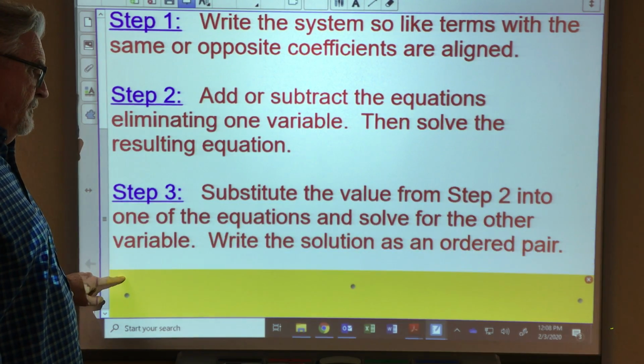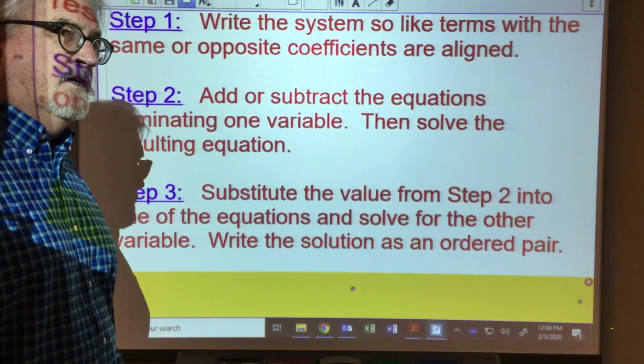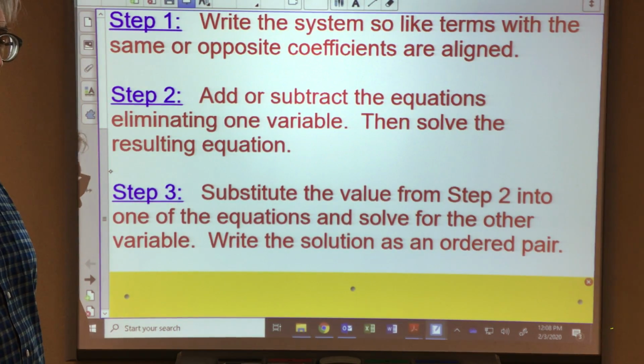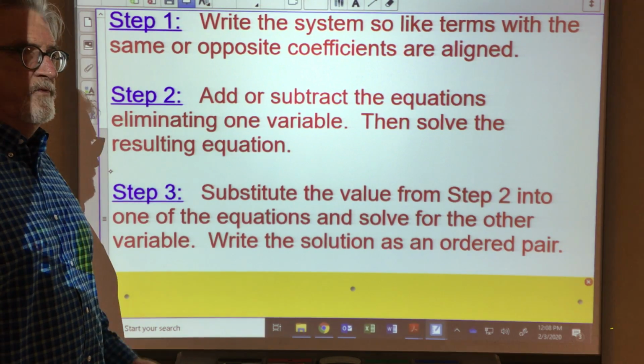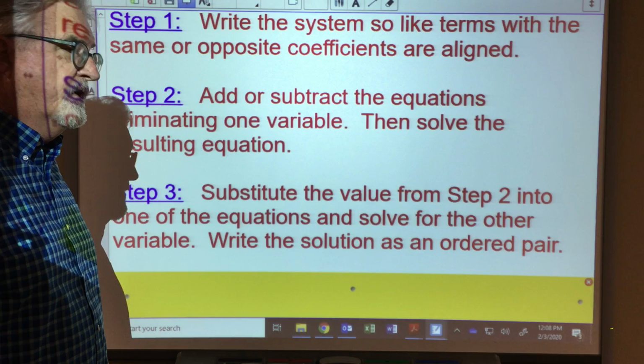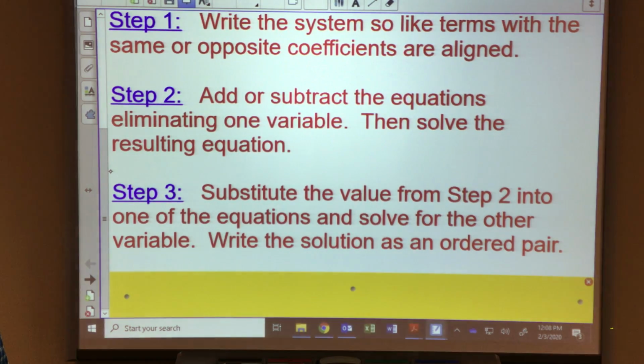The third step is to substitute the value from step 2 into one of the equations and solve for the other variable. And with all systems of equations with a single solution, your answer is an ordered pair. So I'll give you a minute to copy that down, and then you can start the video back up and we'll work a couple of examples.